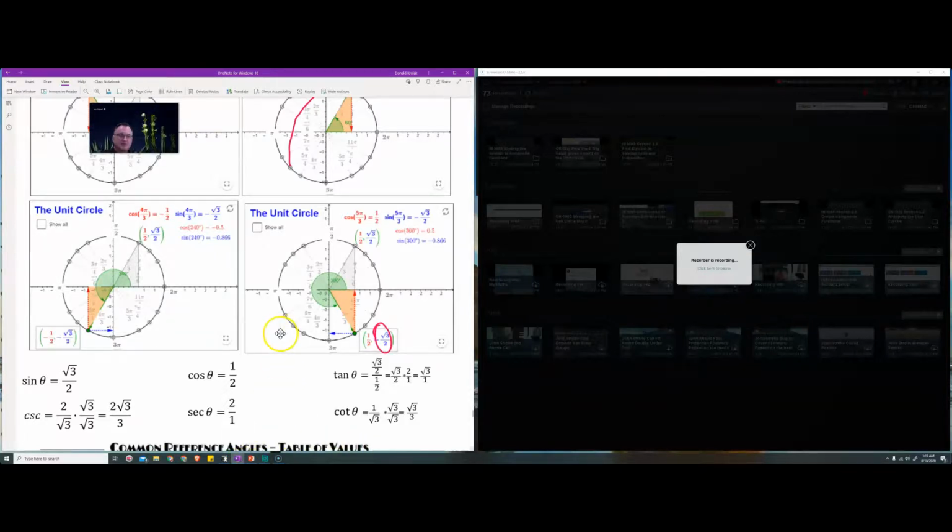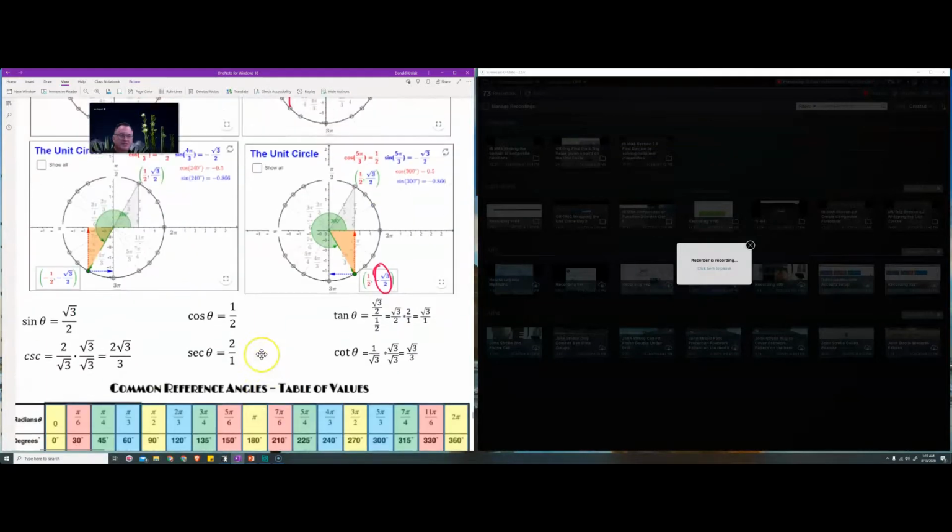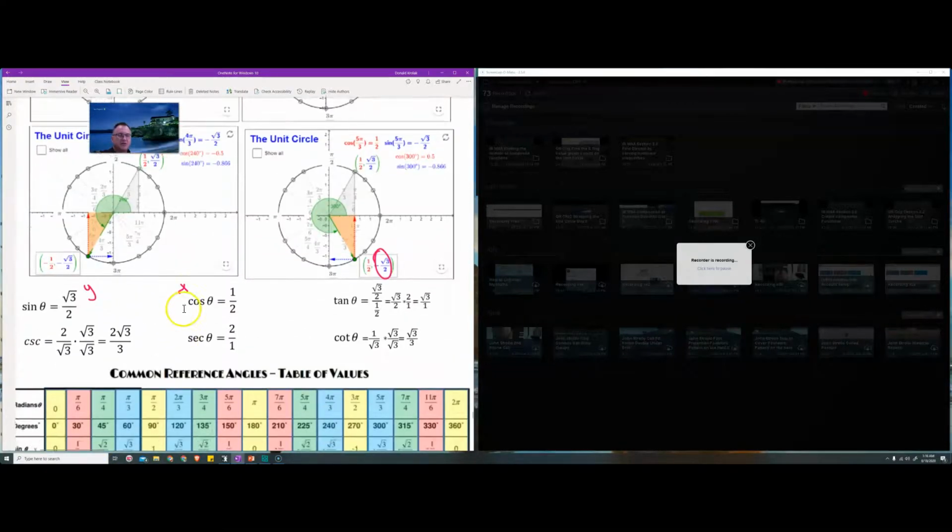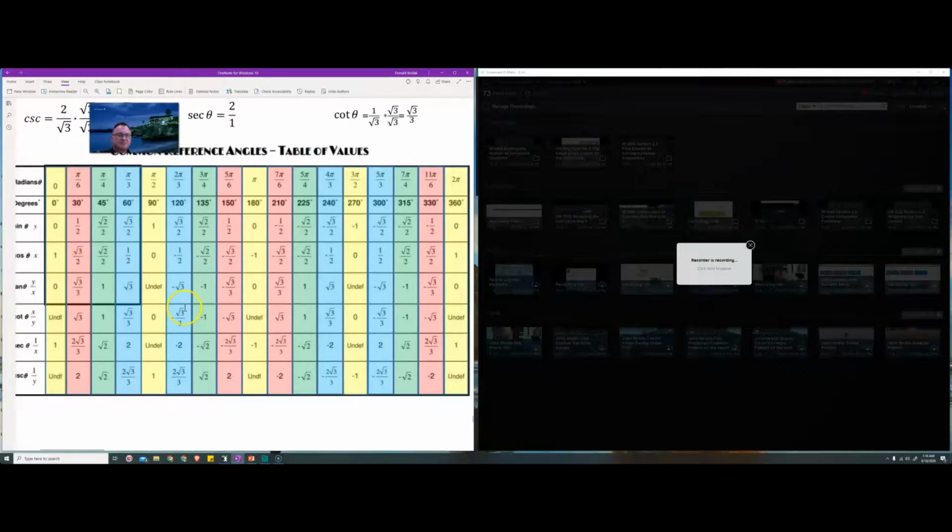Okay. So then here's the work for getting the 6 ratios using this y coordinate and this x coordinate. And then that allows us to fill in the final column on this chart, which is the pi over 3 column.